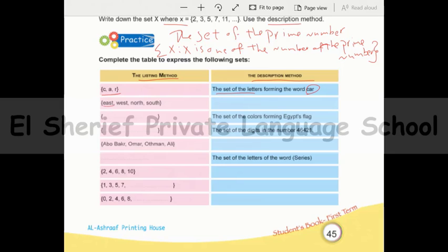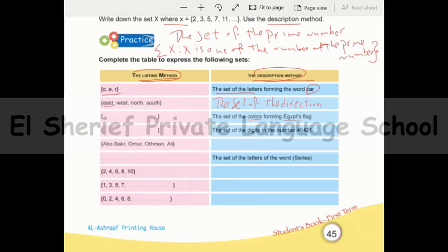And east and west and north and south: the set of directions. The set of colors forming the Egypt flag. This is the description method.